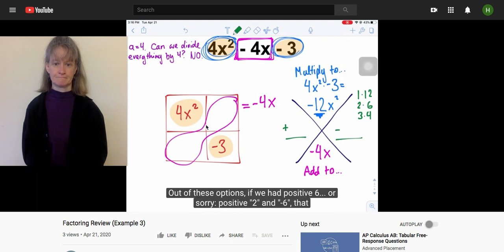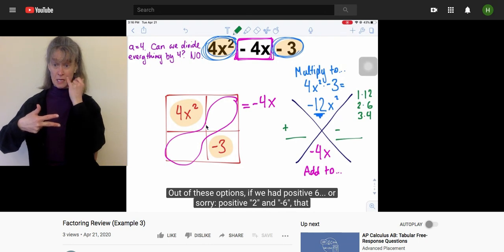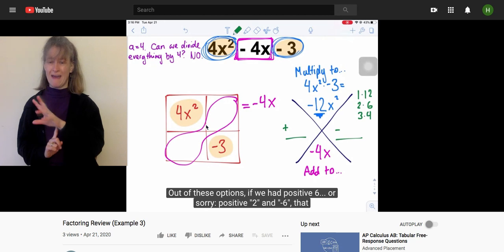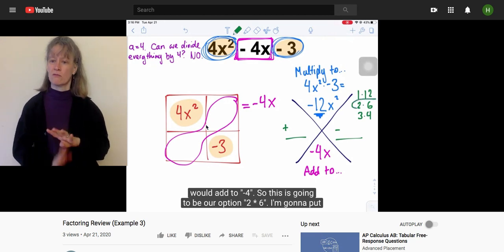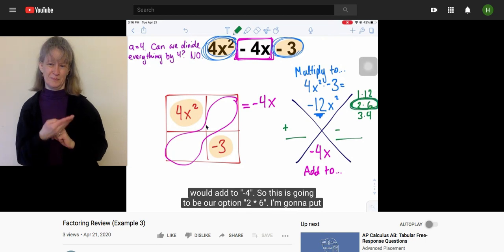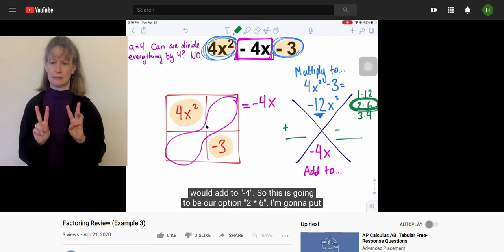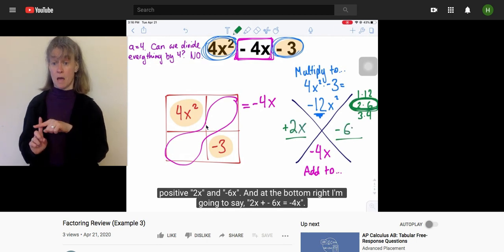Out of these options, if we had positive 2 and negative 6, that would add to negative 4. So this is going to be our option, 2 times 6. I'm going to put positive 2x and negative 6.